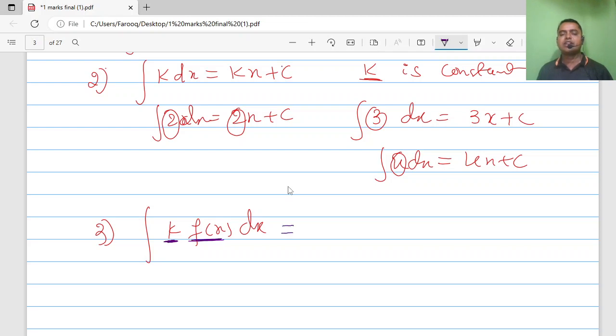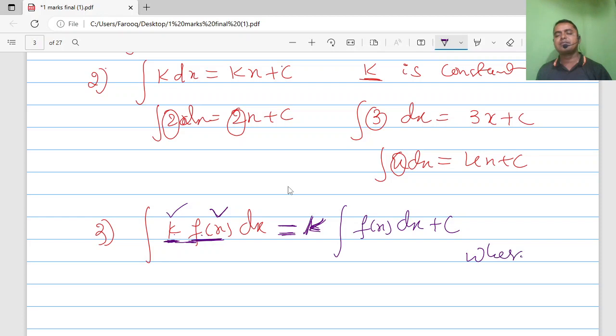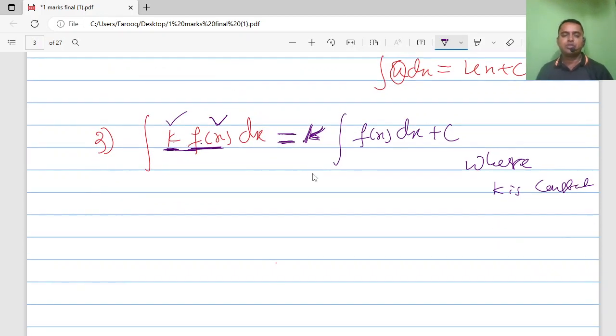If they appear in product form, k into f of x, where k is a constant and f of x is a function, keep the constant as it is and only integrate the function, that is k times integral of f of x plus c, where k is a constant.